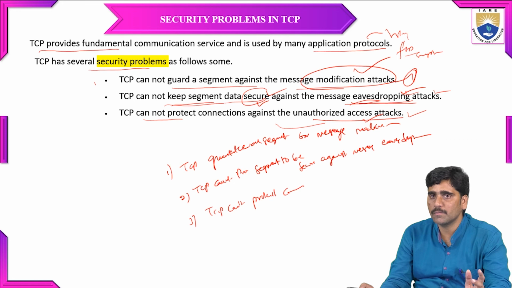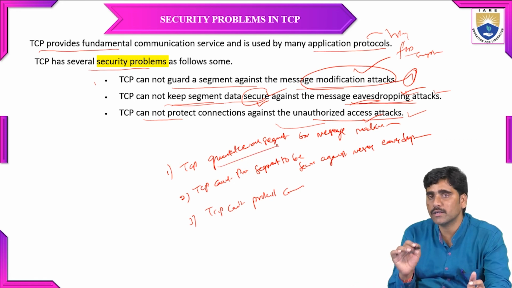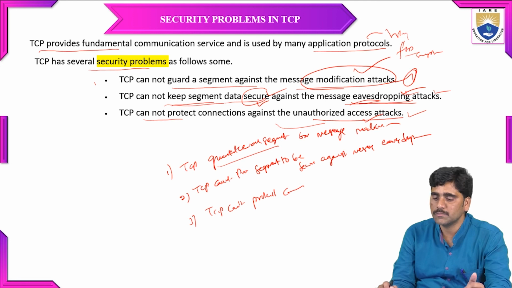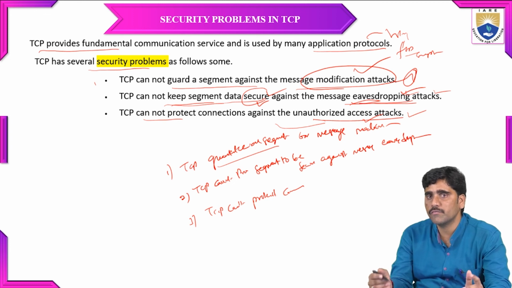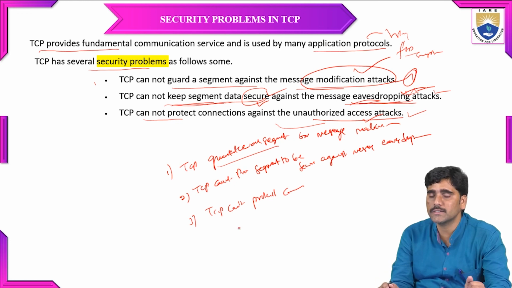The first problem is that TCP cannot give a guarantee against message modification attacks. The second is that TCP cannot keep segment data secure against message eavesdropping attacks. And the third is that TCP cannot protect connections against unauthorized access attacks.